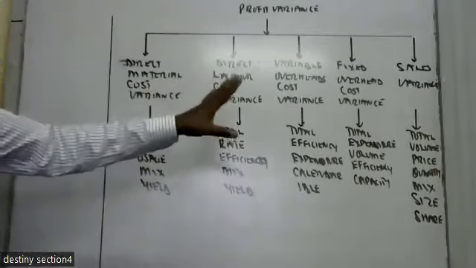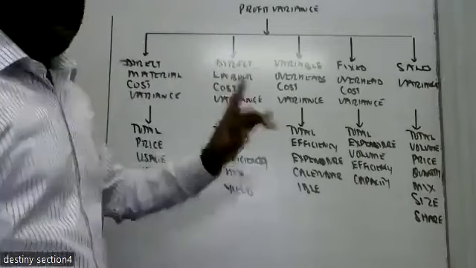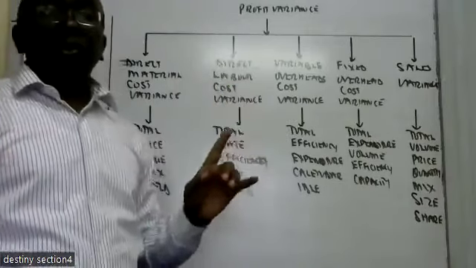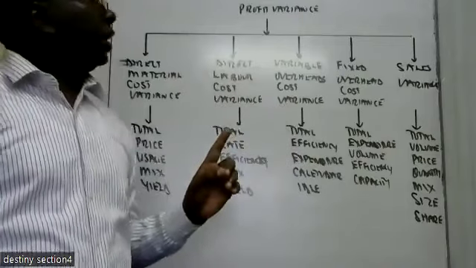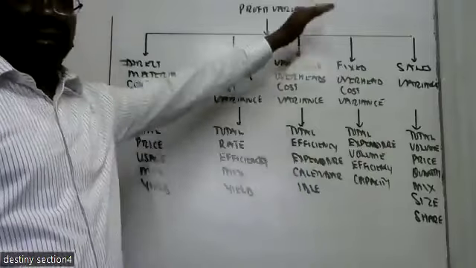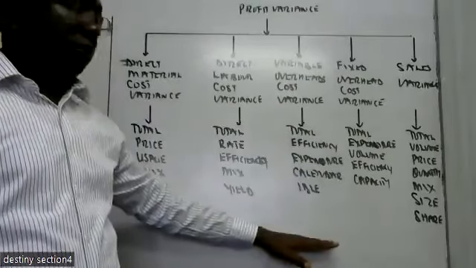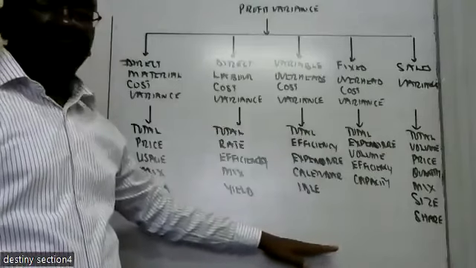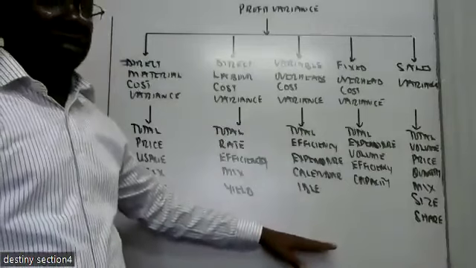So that is the structure of variances. In other words, a variance is the difference between what you expected and what you have gotten. If you look at the income statement, when we get a profit that is different from what you are expecting, we need to go back and check what changed.